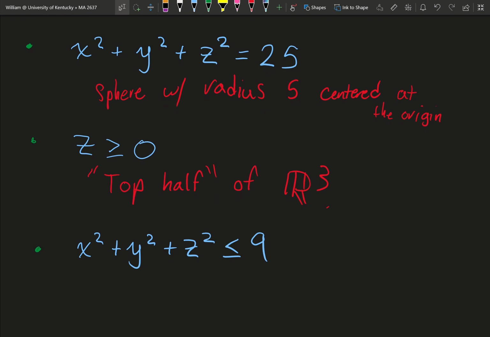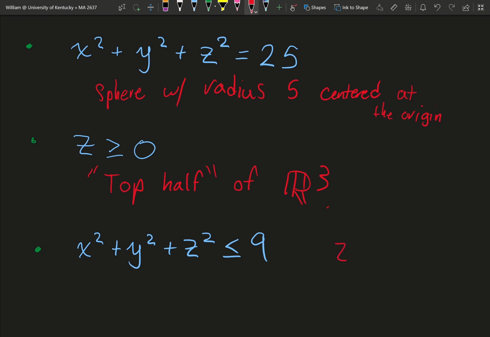So this one, a little bit trickier maybe, kind of hard if you don't know the words to come up with it. We have x squared plus y squared plus z squared is less than or equal to 9. And one thing to think about whenever you're doing problems like this, whenever you have an inequality, a really good first step is to ask instead what happens at the equality.